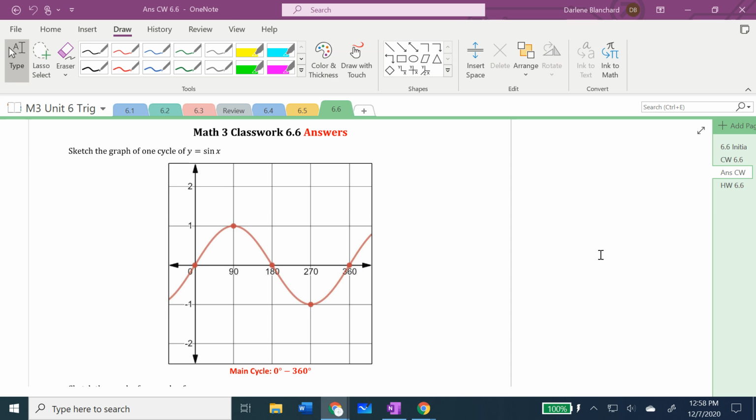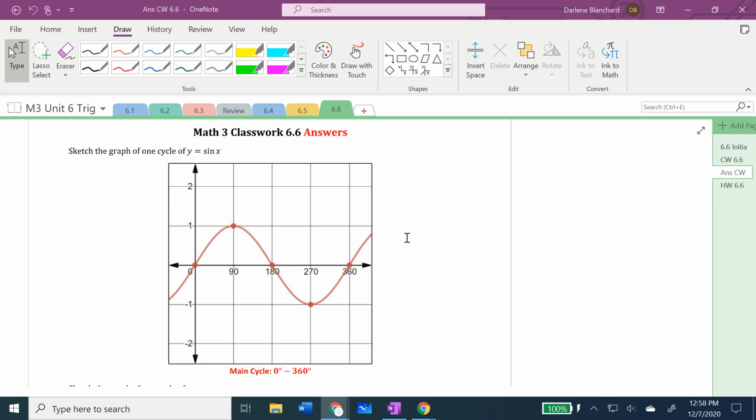It's just they start in a different position. Sine starts, if you're looking at 0 degrees, in the middle, whereas cosine starts at the top. So cosine is actually going to start here, and it's going to look exactly the same. It's just going to look like a shift over.